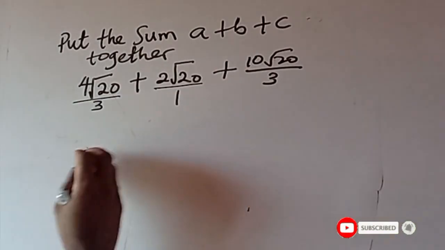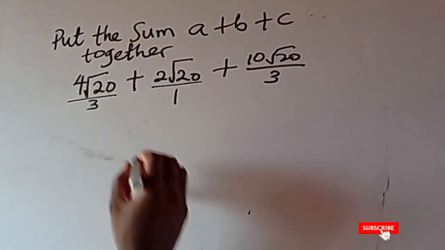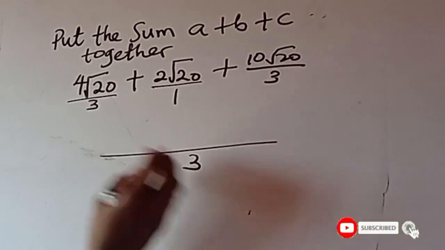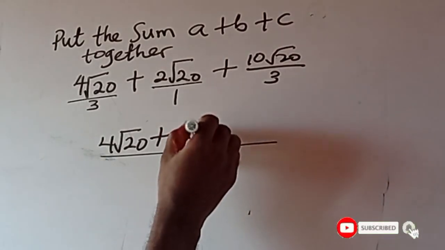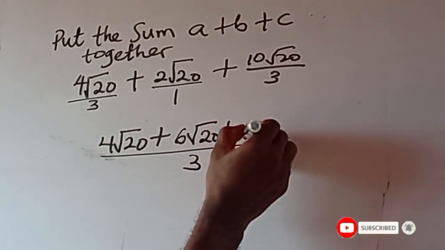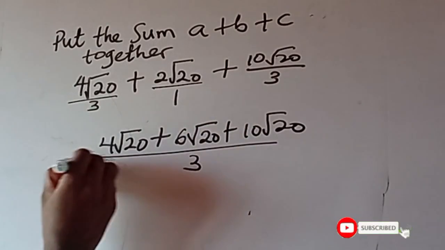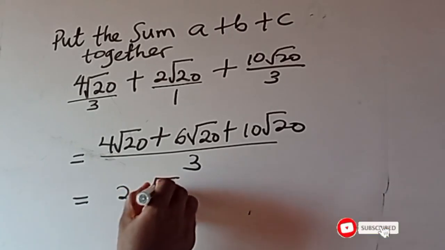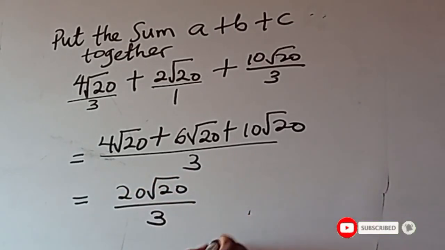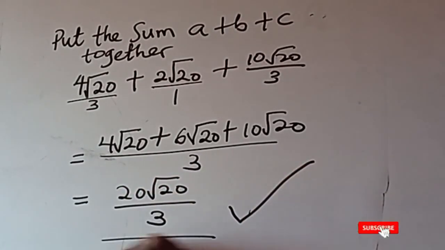So let's get the LCM. LCM is 3 because 3 is common. We have 4 root 20 plus 6 root 20 plus 10 root 20. Now let's add it together. We have 20 root 20 all over 3. That is our final answer.